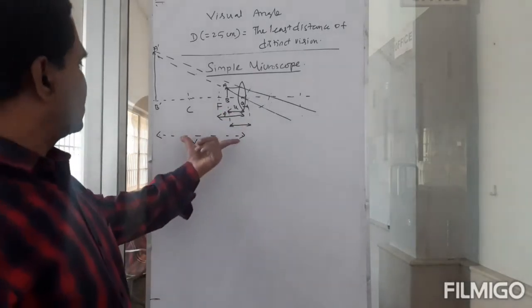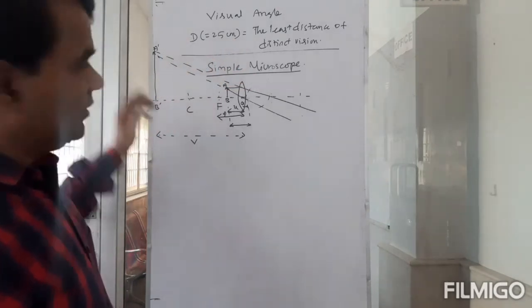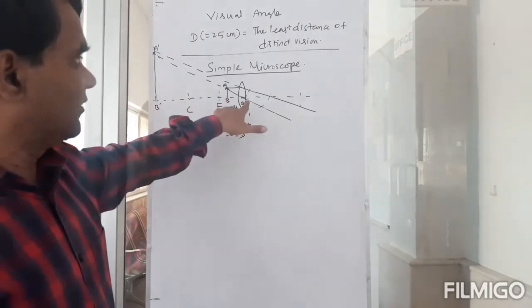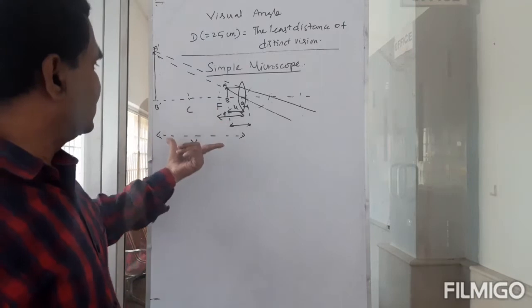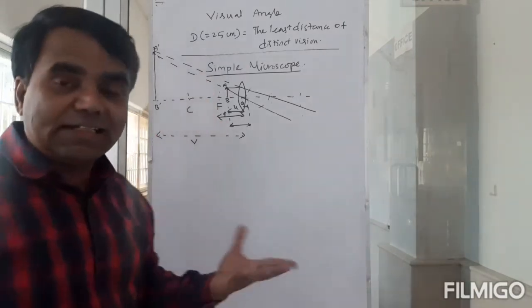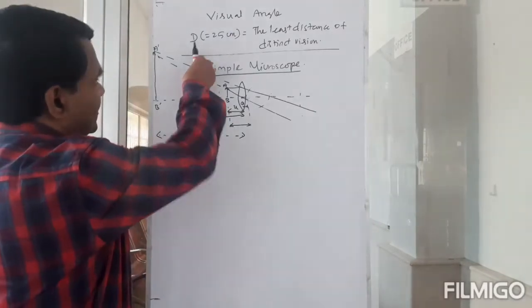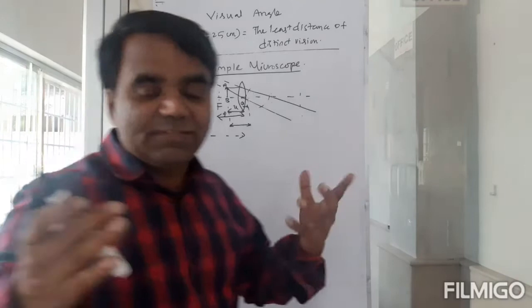If this distance is D, 25 centimeters, or more, then I can see the image clearly with my eye. If V is less than D, I can see even that image clearly, because if the image is formed at, let's say, 15 centimeters, I can see it clearly.